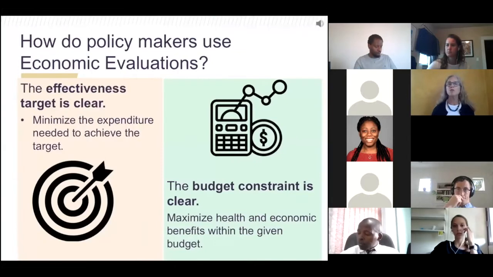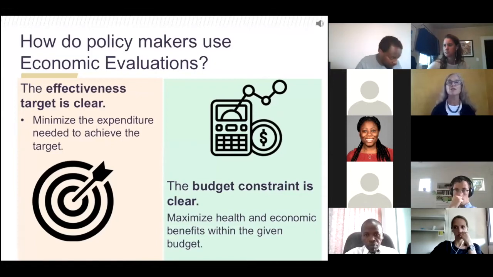So, what do we do with that information? How do policymakers use the results from economic evaluations? Remember, policymakers need evidence. They typically should not just be investing based on divine intervention, right? But they do look at cost effectiveness along with feasibility, acceptability, maybe the burden of disease that they're trying to address.